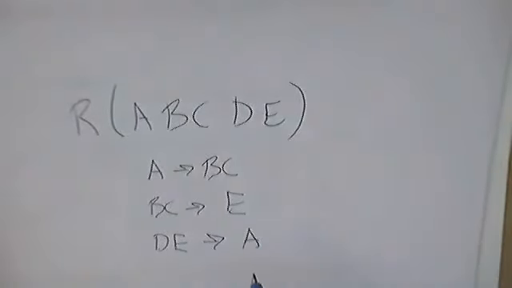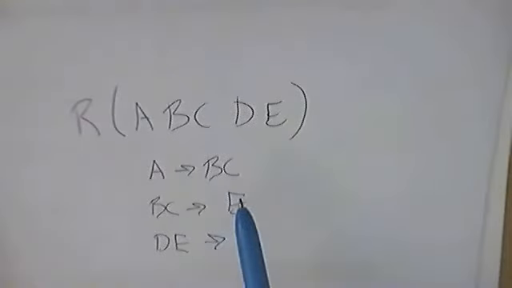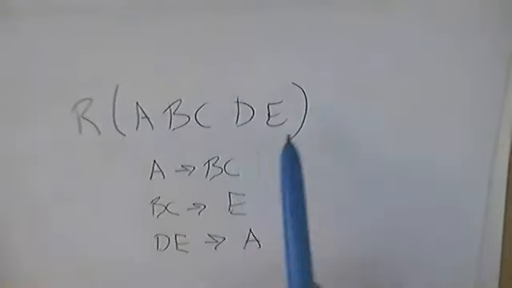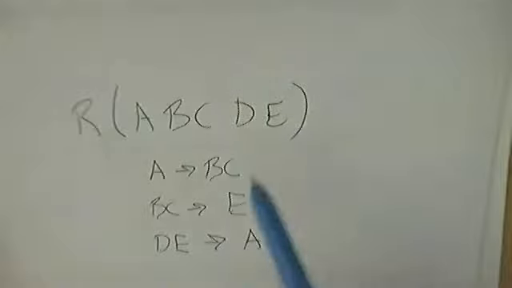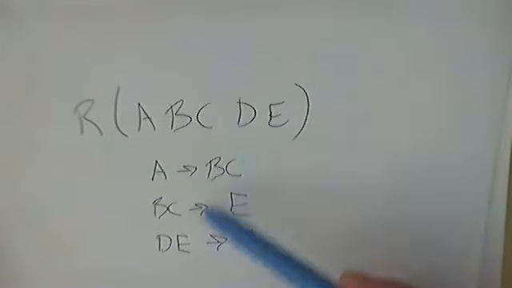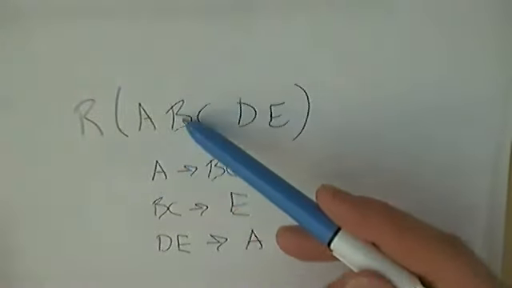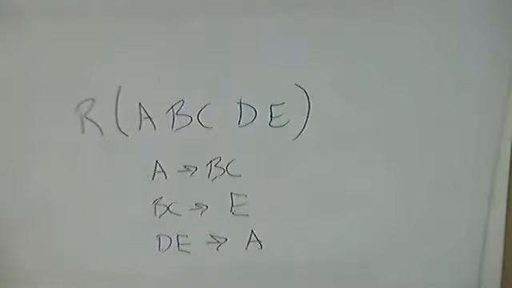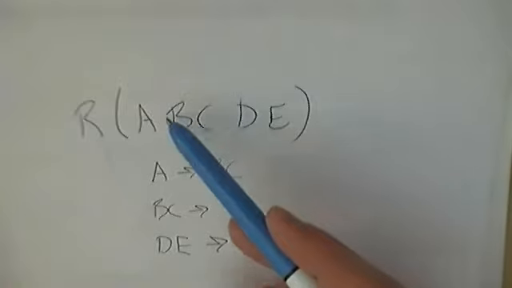Is there somewhere in the universe where this applies? Is there an example where this is actually the way things work in terms of the meaning of these attributes? Most likely, yes. Most of the time, if you think about things, you can come up with a functional dependency.